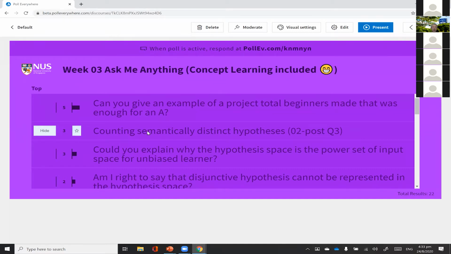Okay, so how do we count them? Again, we had the slide to show you how to do that, right? Basically, we would take away all of the cases of the null value, if there are any. Then that would lead to only one plausible hypothesis, which is rejection of everything, right?